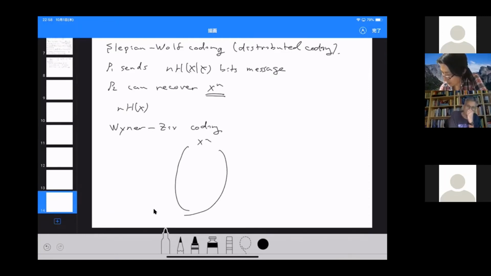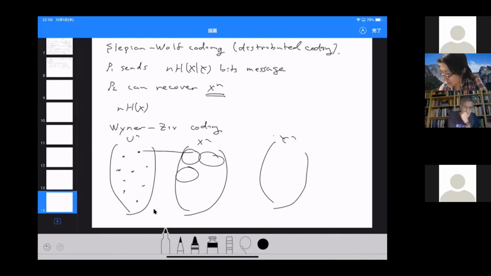So we have this xn space and yn space, and we need to introduce an auxiliary random variable, and by randomly generating some points, we quantize this x source in a similar manner as in the rate distortion problem. So we create roughly 2 to the power n times I(u;x) points.